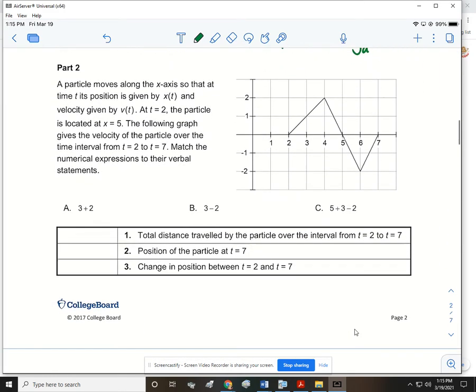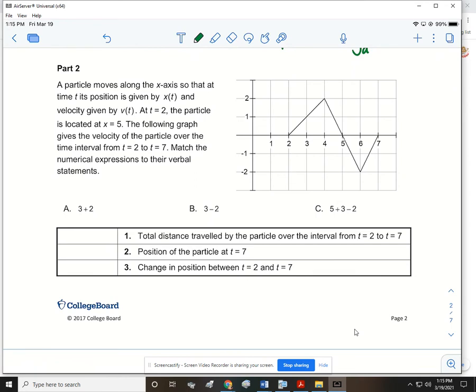So we're going to start with part 2. So the particle moves along the x-axis so that at time t, its position is given by x of t and velocity is given by v of t. At time t equals 2, this is important, the particle is located at x equals 5.